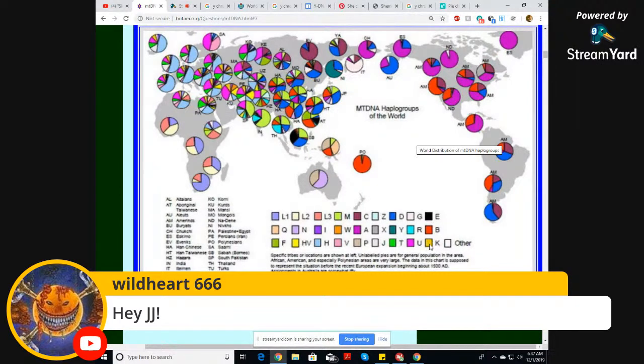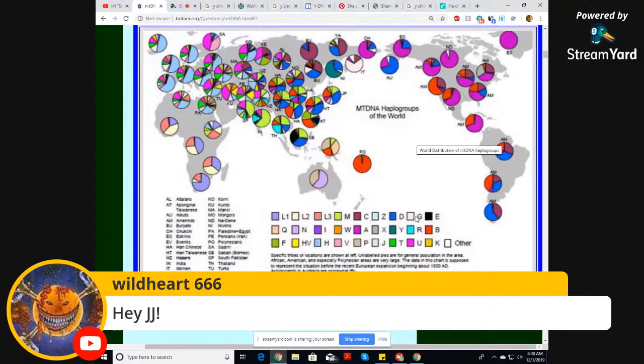This K is what the Jewish population consists of, which is Semitic. Right. Because the Hamite population of the mtDNA population is the L1, L2, and L3.